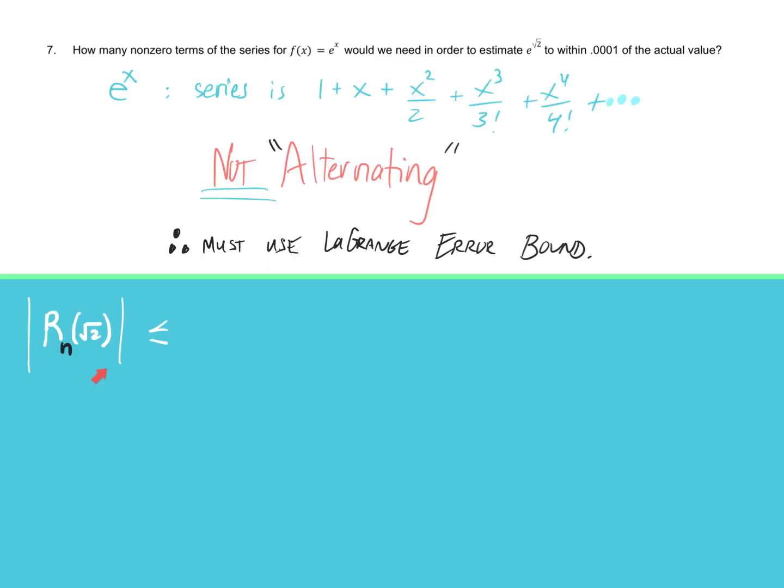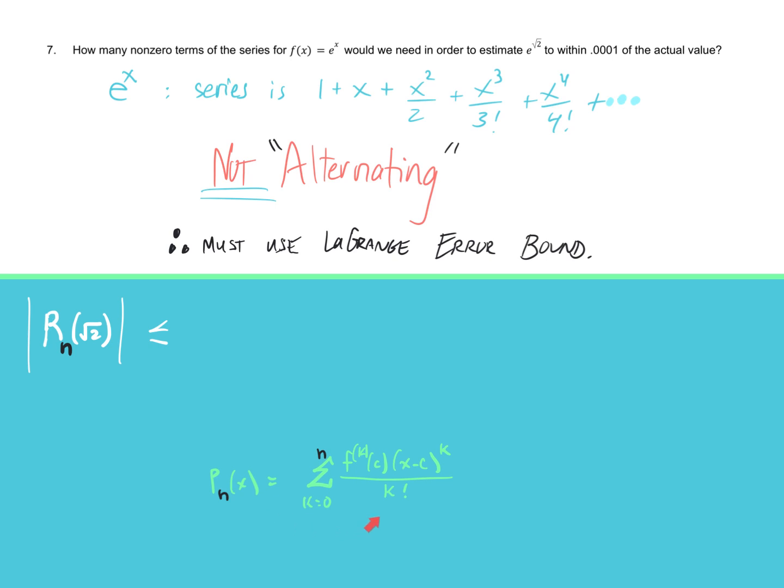which says that the magnitude of your error when you use the nth degree Taylor polynomial to evaluate some function at this x value will be no bigger than the first unused term of the Taylor polynomial. And what is the first unused term of the Taylor polynomial?